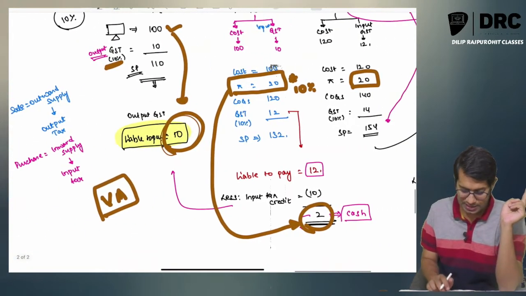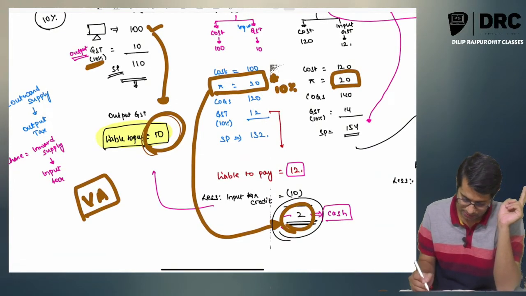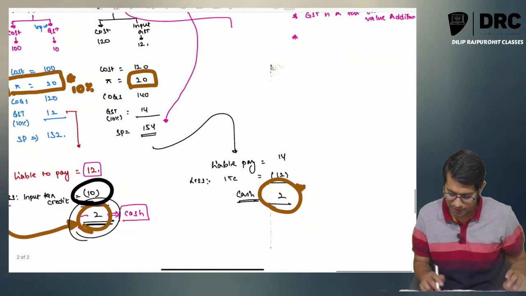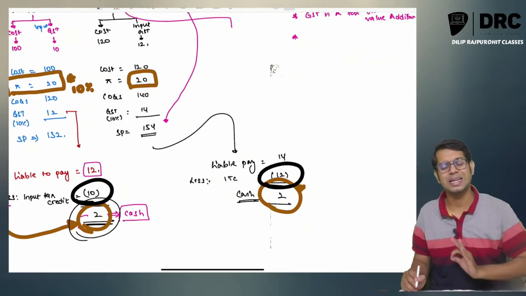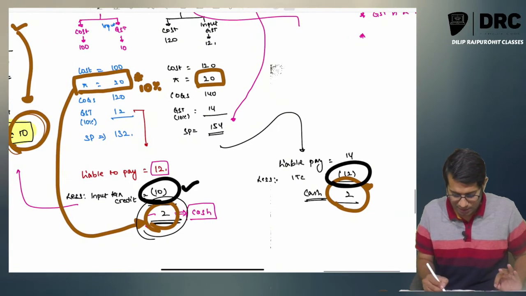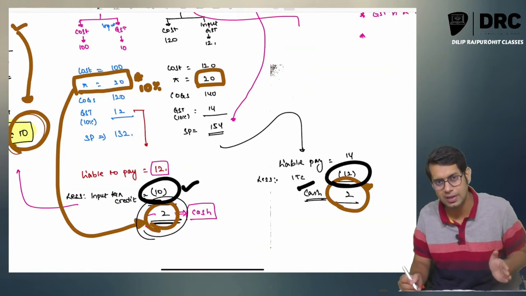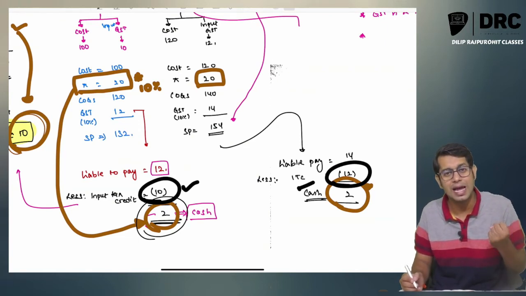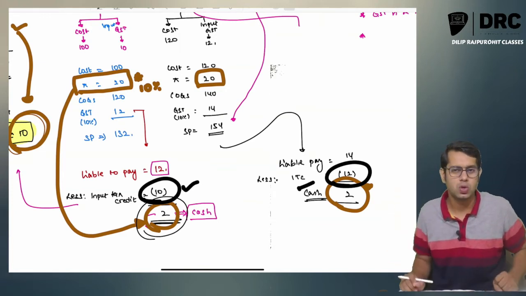Point number 2. If you see in GST what is happening, whatever tax is paid by you on your purchases, you are taking the benefit of that at the time when you are liable to pay the tax on your sales.